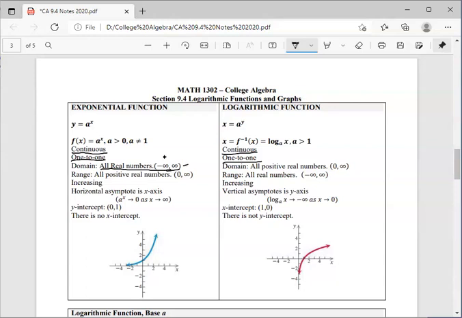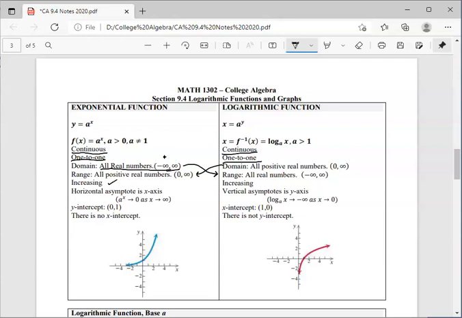The domain of the exponential function goes with the range of the logarithmic function. And the domain of the logarithmic function goes with the range of the exponential function. So those are kind of opposites of each other. The range of the exponential is going to be all positive numbers. If you look at your graph, it's above the x-axis. And on the range of the logarithmic function, this thing goes down forever and it goes up forever, so it would be all real numbers.